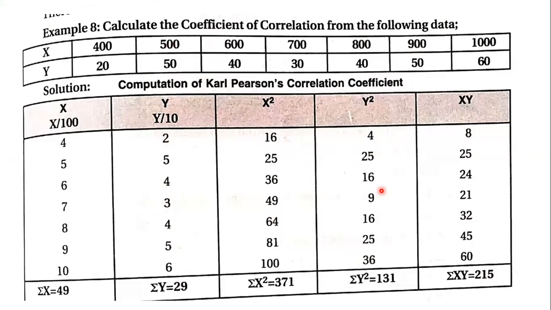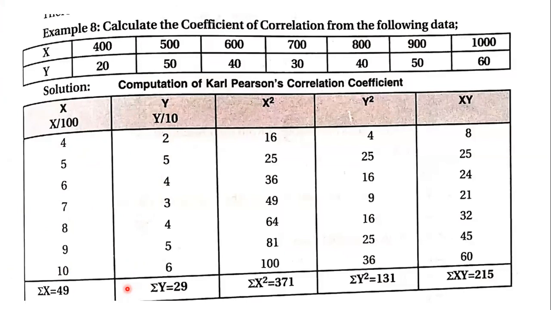Now once we have found the values, that is X, Y, X square, Y square, the last type of value that we are supposed to find is XY. This can be found by multiplying two of the columns, X as well as Y. So 4 2s are 8, 5 5s are 25, 6 4s are 24, 7 3s are 21, 8 4s are 32, 9 5s are 45, 10 6s are 60.